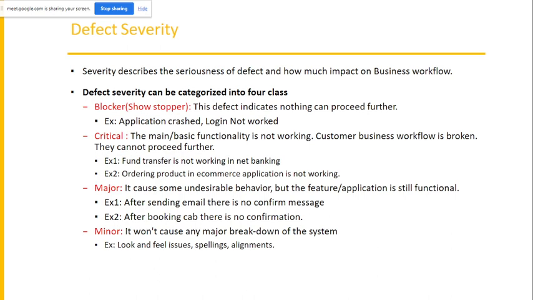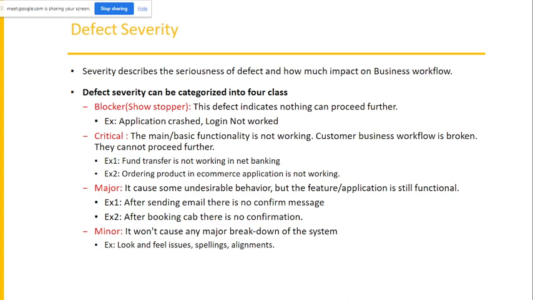Now let us understand what is a blocker defect based upon severity, what is a critical defect, what is a major defect, and what is a minor defect. Okay, now blocker.